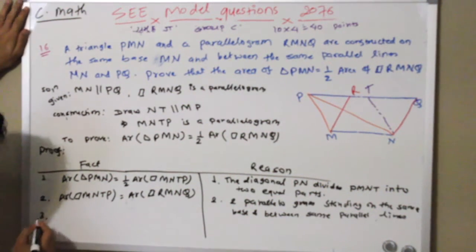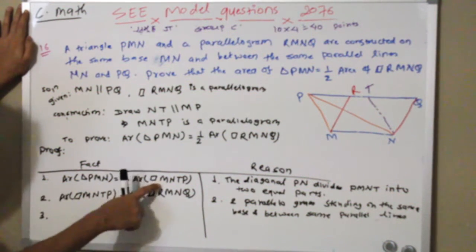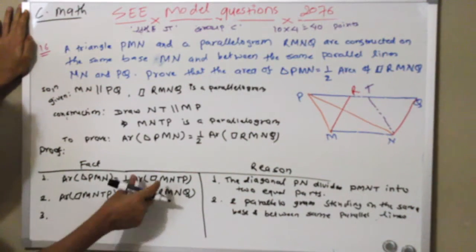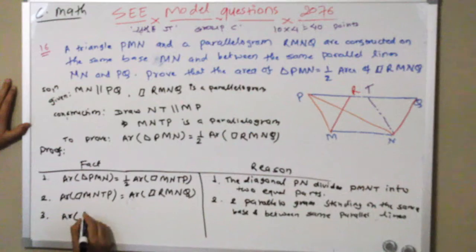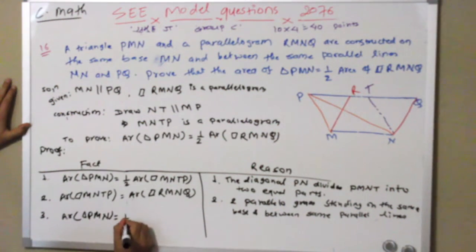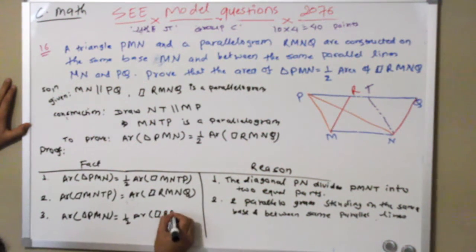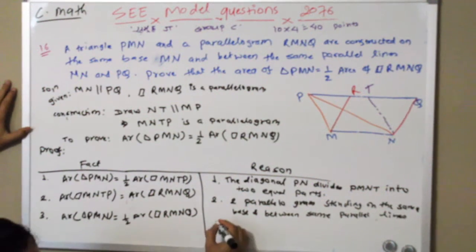Number three, from 1 and 2, substitute the value from here to here. Just replace this with this. So now just copy number 1. Area of triangle PMN equals half, and in place of this we have the area of parallelogram RMNQ, from 1 and 2.